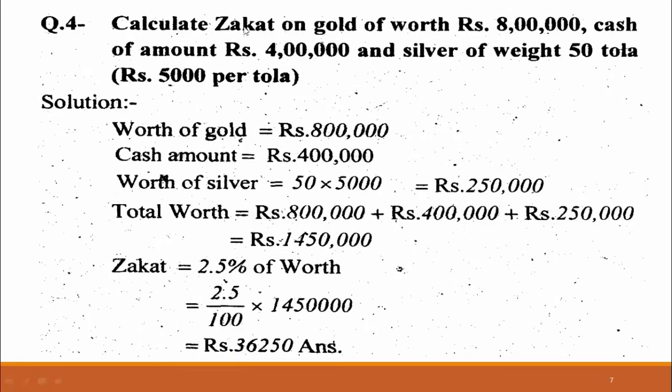Now the next question, how to calculate zakat on gold of worth Rs 800,000, cash of amount Rs 400,000. So this is 8 lakh and 4 lakh. And silver of weight 50 tola, and the price per tola is 5,000.